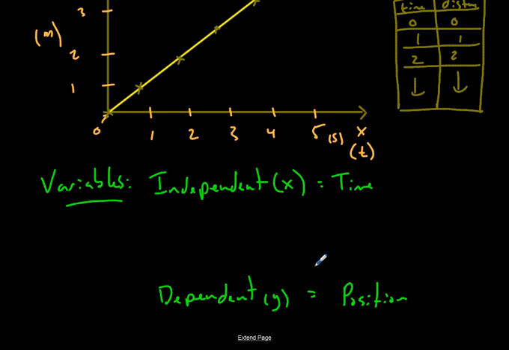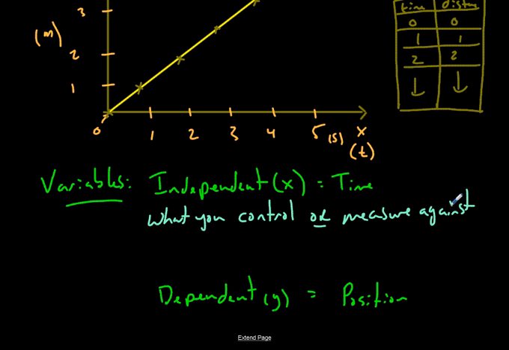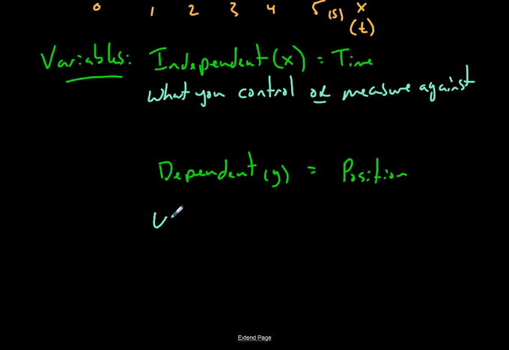Okay? So the independent variable is usually defined as what you control or measure against. And the dependent variable is what changes due to what you are controlling.